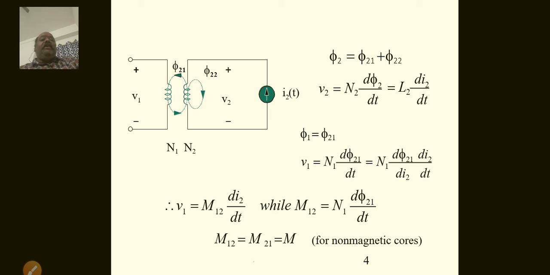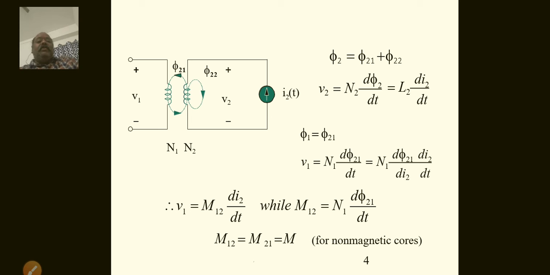Again you may rewrite the equation as N1 d phi 21 by di2 into di2 by dt. Now again you rewrite that equation, which is V1 is equal to M12 into di2 by dt. Now we will take M12 is equal to N1 d phi 21 by di2 actually.